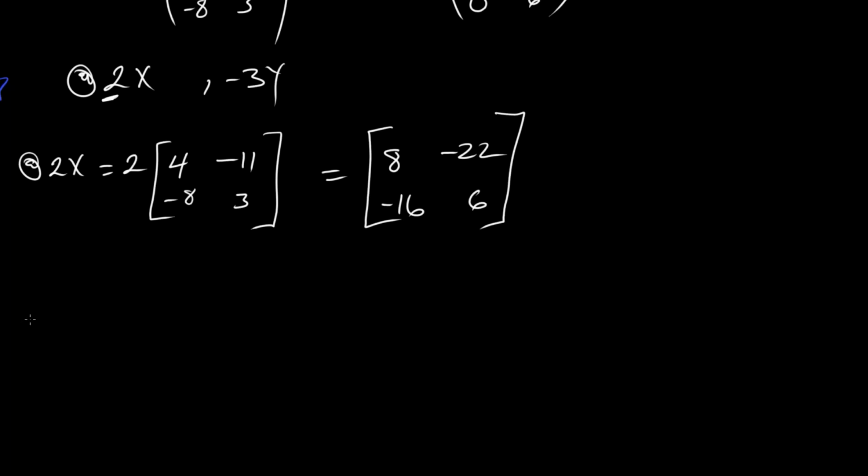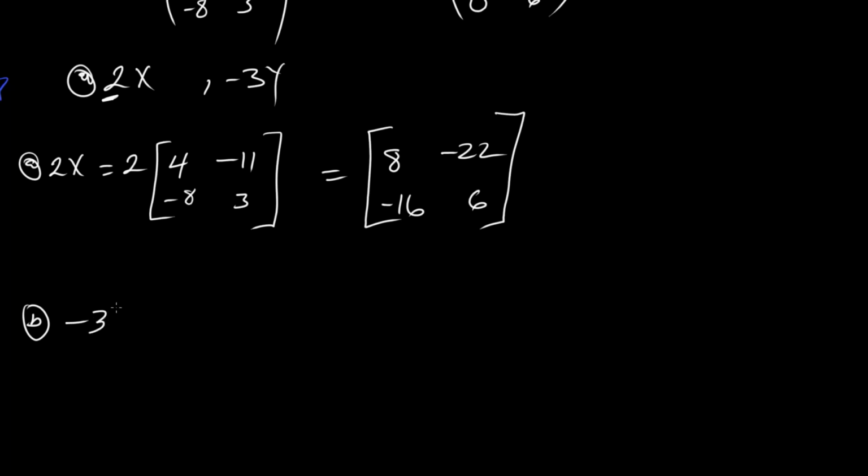In the last tutorial, when we were looking at addition and subtraction of matrices, we said that both matrices you want to add or subtract must have the same dimension. But in this case, you are only looking at a single matrix and multiplying it by a scalar, so the matrix can be of any dimension. It's not restricted, and multiplying it by a scalar is straightforward.